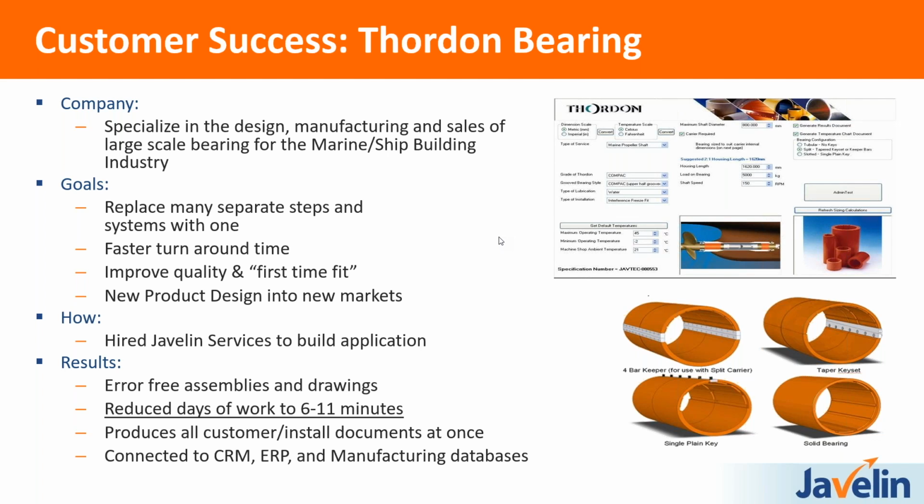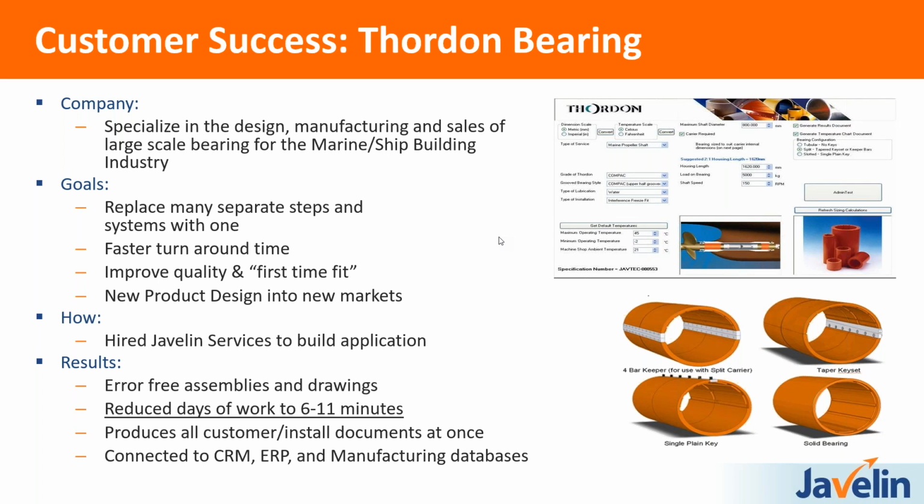They have now exposed this website to their dealers. So instead of calling in with this information, dealers can show up to a customer site with a tablet, go through the specification process, and all the information needed to manufacture those drawings is ready within minutes. As I said, we've connected it to CRM so they can manage all their sales opportunities.